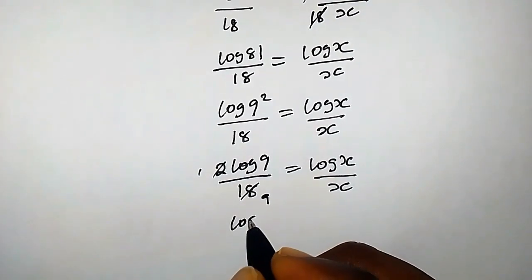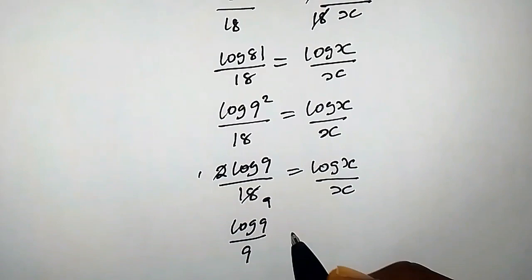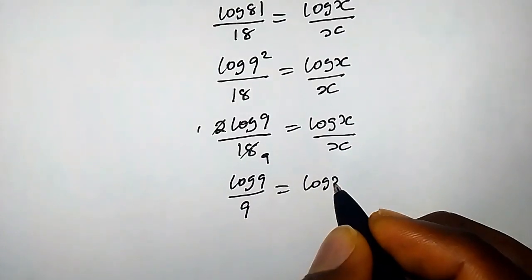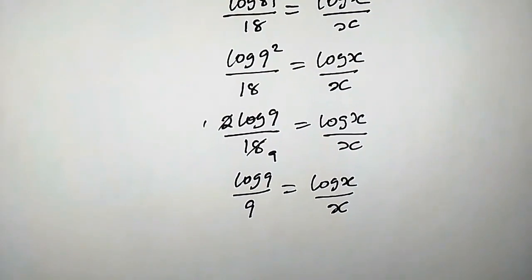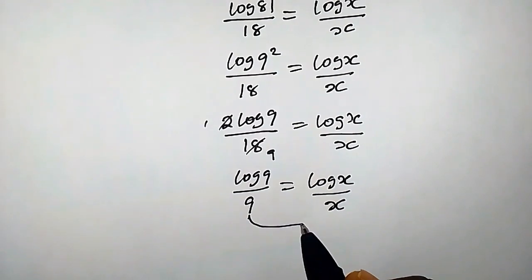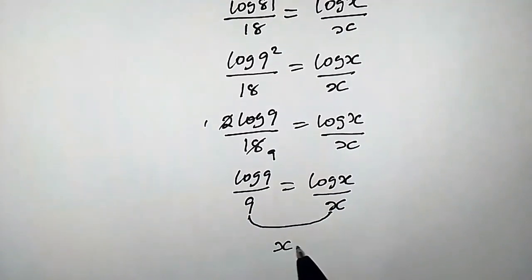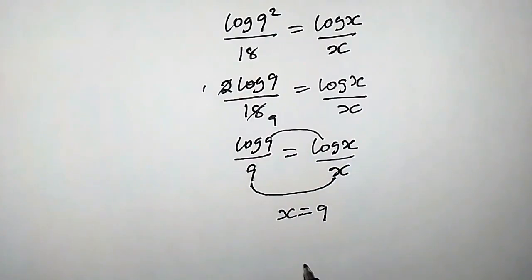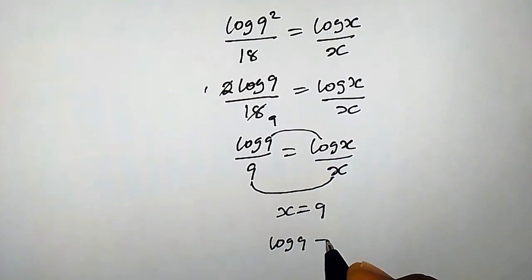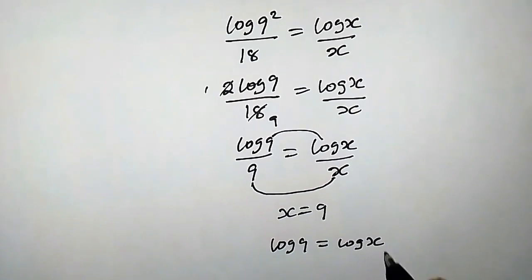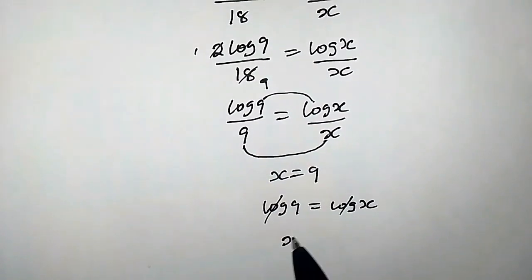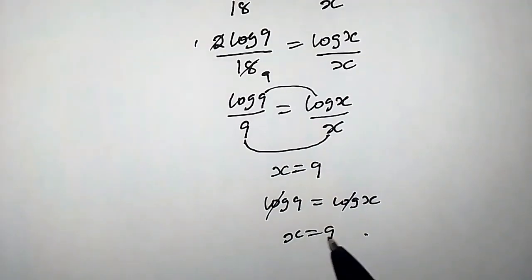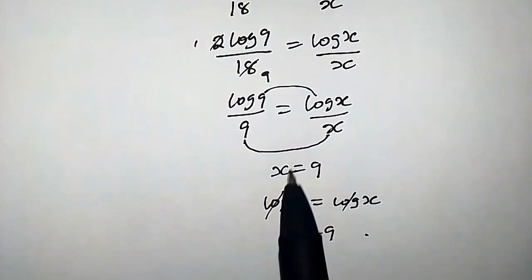So we are left with log 9 all over 9 equals log x over x. So here's the trick. When we equate the denominator, we get x to be equal to 9. And when we equate the numerator, that is when log 9 equals log x, log takes care of log, so x is equal to 9, which is the same value as what we got for the denominator.